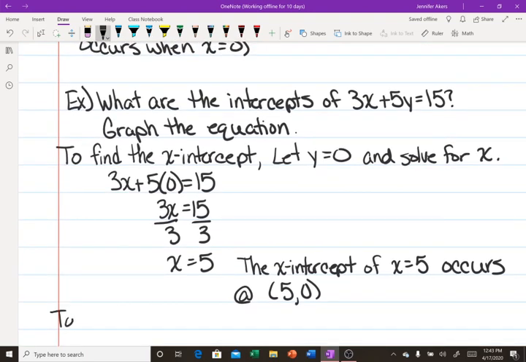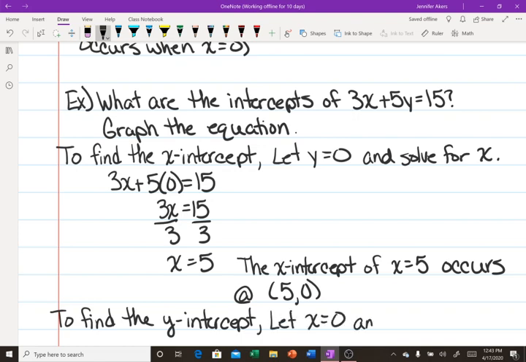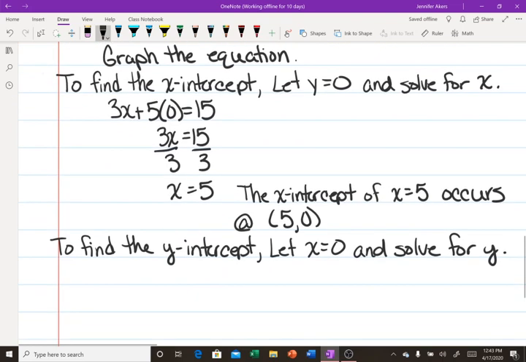Now, to find the y-intercept, we're going to let x equal 0 and solve for y. So we have 3 times 0 plus 5 times y equals 15. 3 times 0 is 0. 5y equals 15.